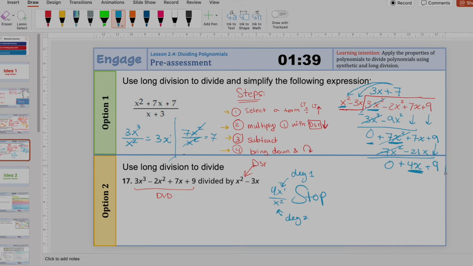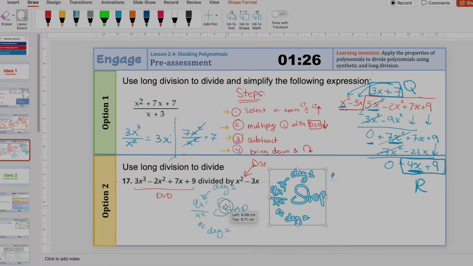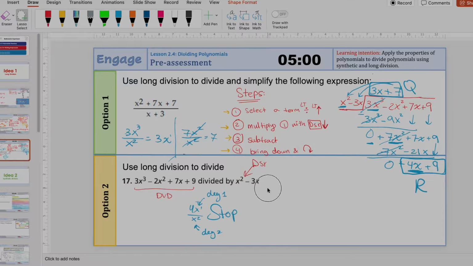And we say that this whole thing is a remainder. We cannot divide it. This whole thing is a quotient. How do we write down our answer? We know that the answer can be written as dividend over divisor equals quotient plus remainder over divisor. So how do we do this?